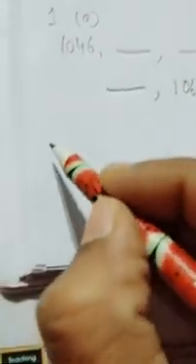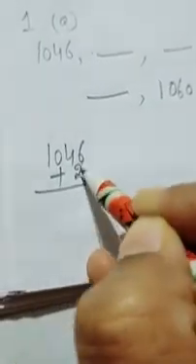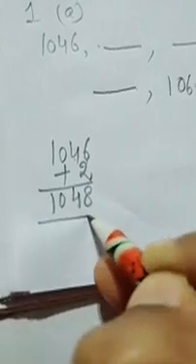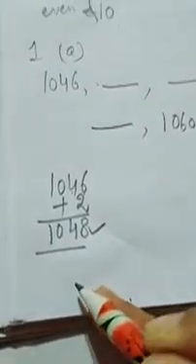In the blanks we have to write all the even numbers, which come with a gap of 2. First of all, 1046 plus 2: 6 and 2 is 8, here 4, here 0, here 1. Like this we got the next even number.